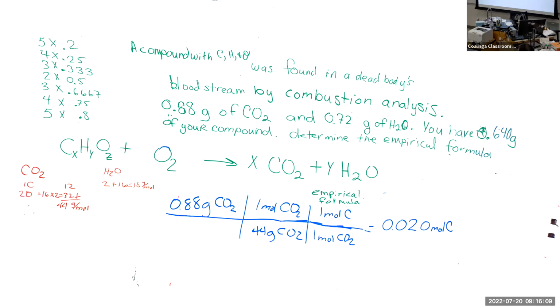So we'll save that for a second. Since you brought that up, we need to know how much carbon we have in our compound. So the way I get the mass for carbon would be multiplied by the mass. So we know that 1 mole is 12 grams.